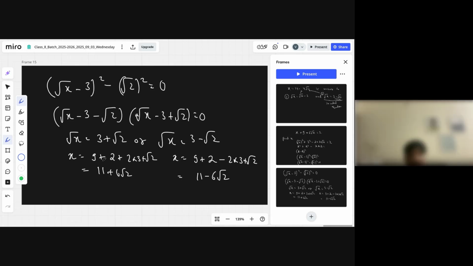Okay. Yes, sir. So two values of x, you got it. This time both are valid.